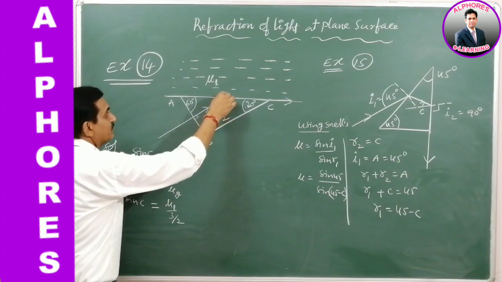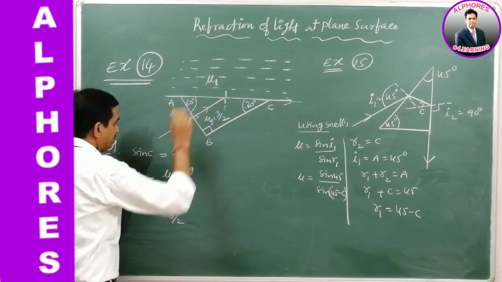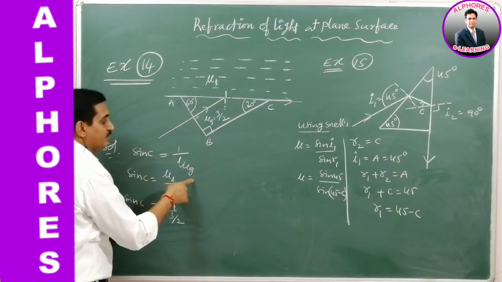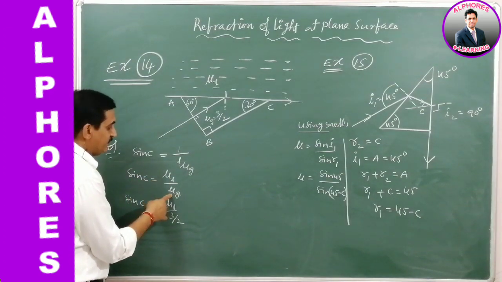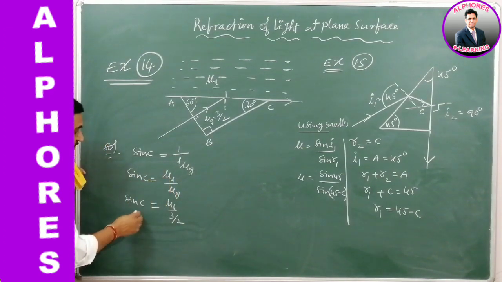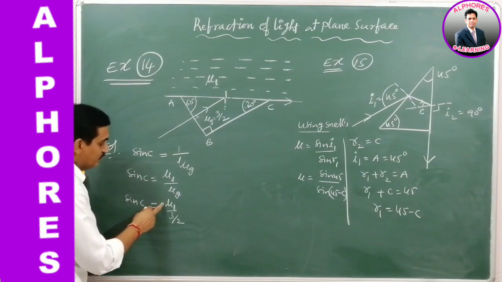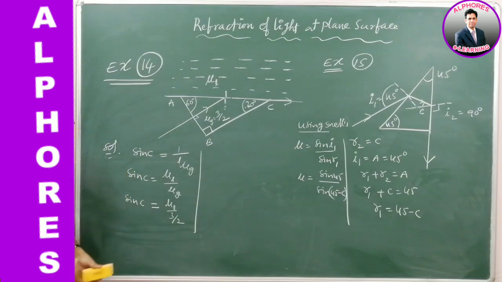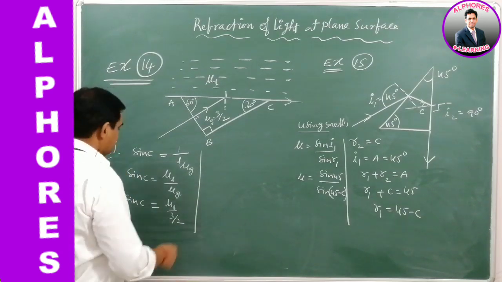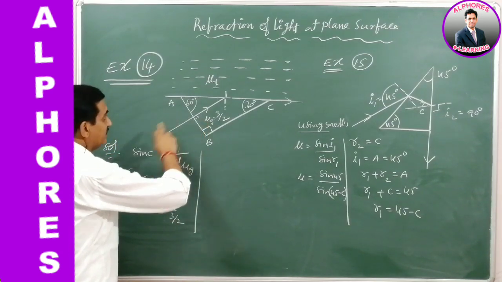Sin C is equal to 1 by mu of glass with respect to liquid, since it is grazing the surface. Simplifying, sin C is equal to mu liquid by mu glass, so sin C is equal to mu liquid by 3 by 2. Here mu glass is already clearly given.